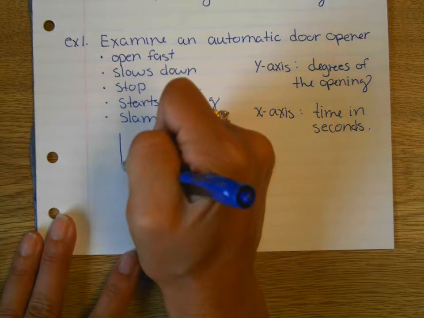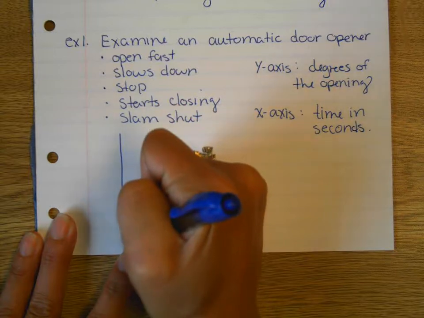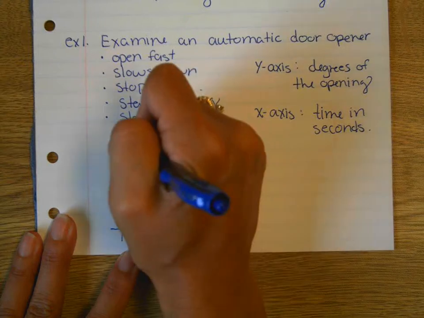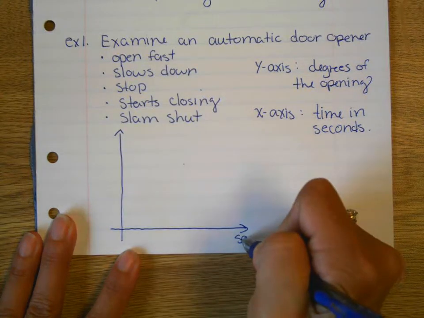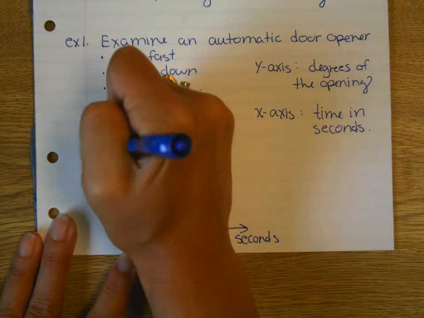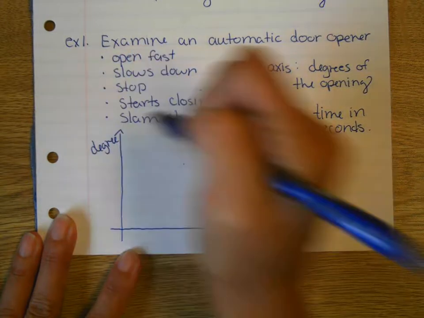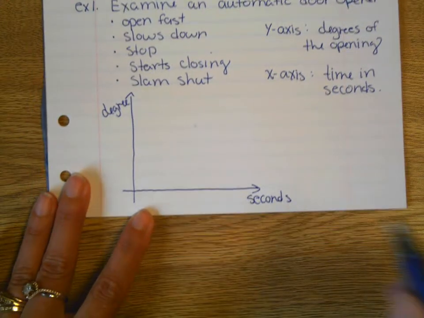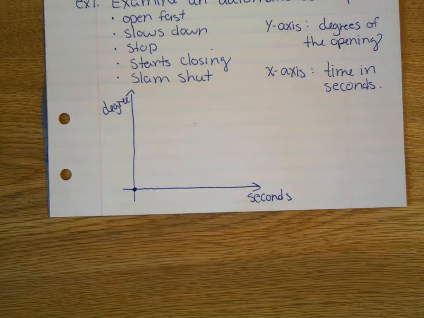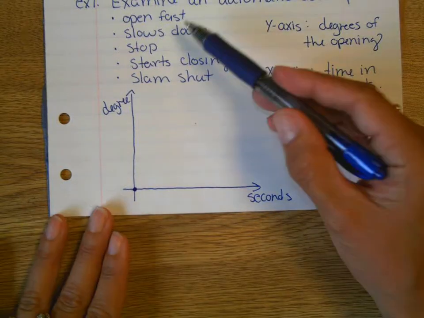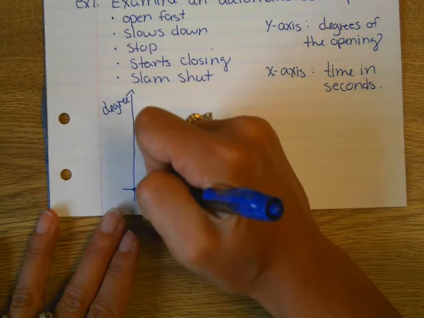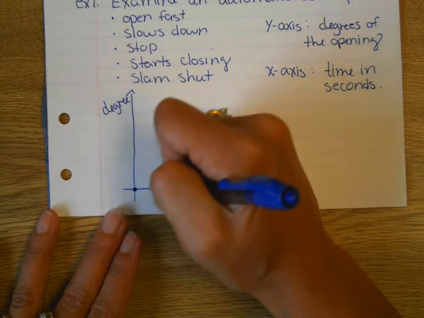And we're just going to make a rough sketch of what this might look like. So here's our time in seconds, and here's our degree of the opening. Obviously the door is starting closed at time 0. Then when you press the button, the first thing, it opens fast. So we're going to have somewhat of a steeper line here because the degree opening is going to happen quickly.